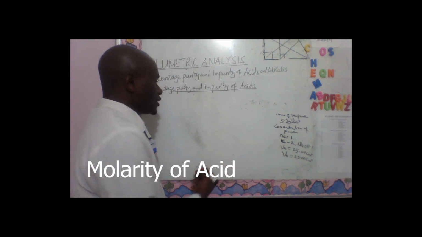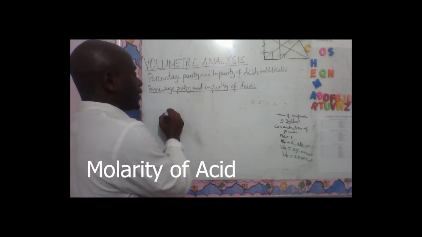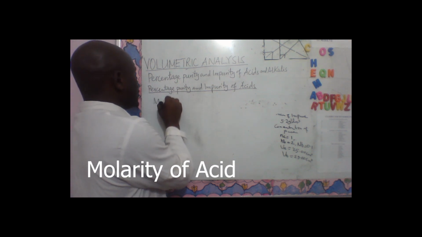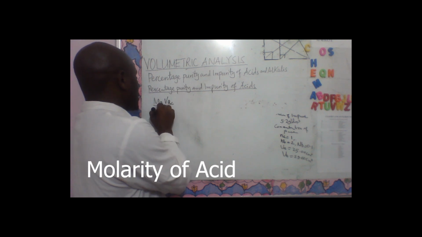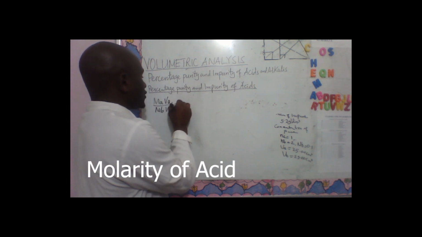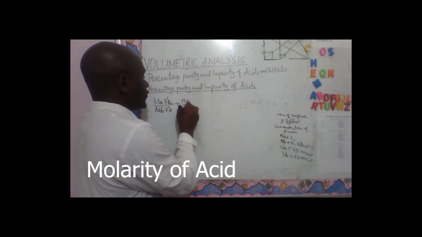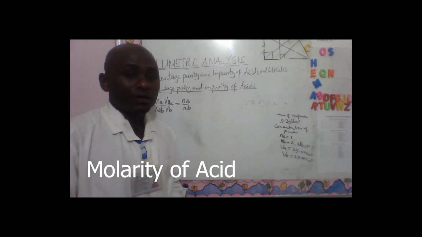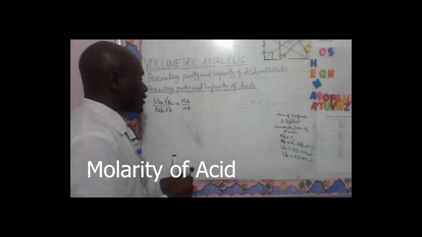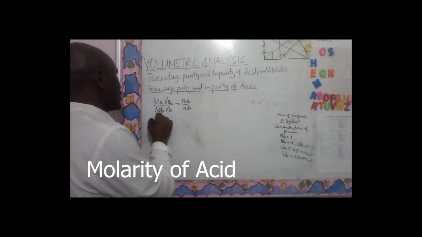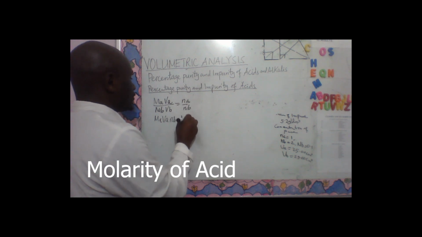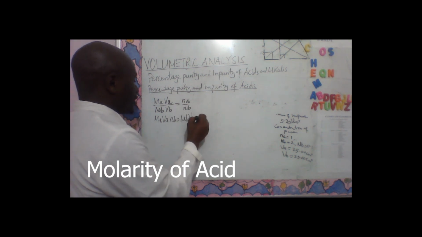So let us see how it is. Molarity of acid times volume of acid over molarity of base times volume of base is equal to number of acid over number of base. Here we need to find the molarity of acid. So molarity of acid times volume of acid times number of base is equal to molarity of base times volume of base times number of acid.